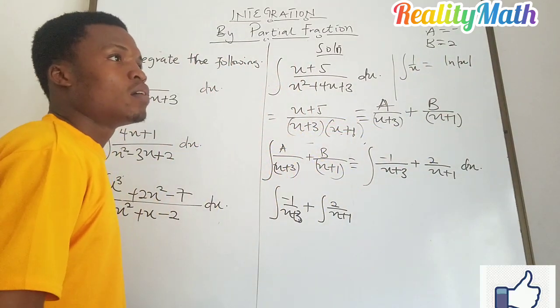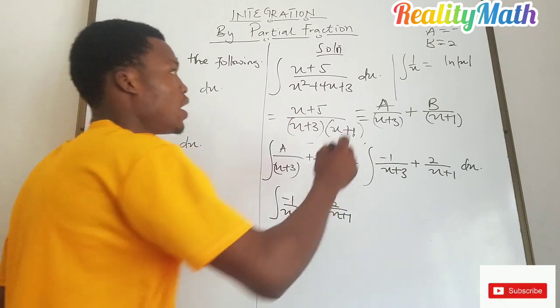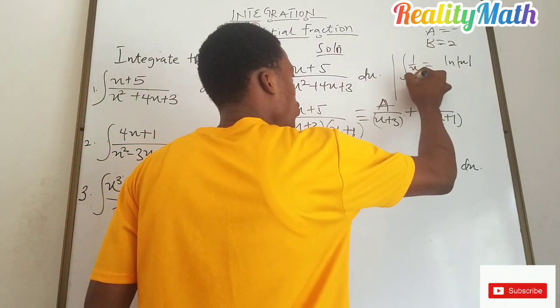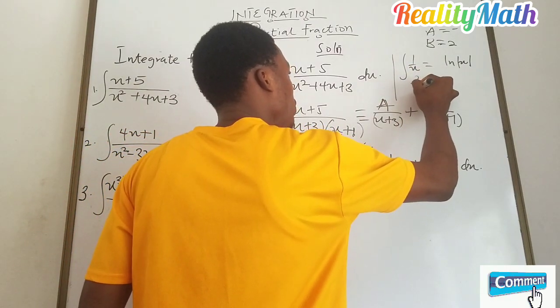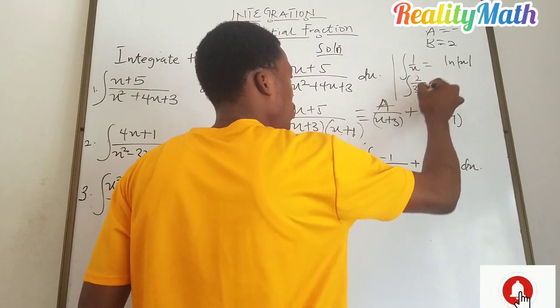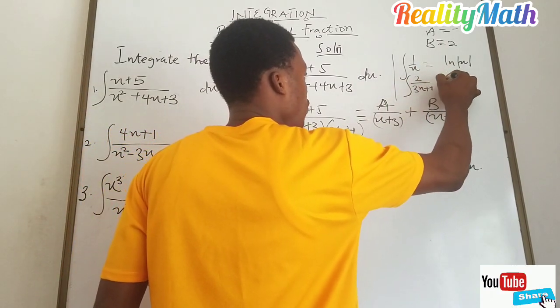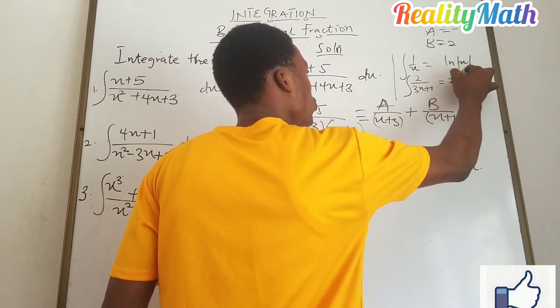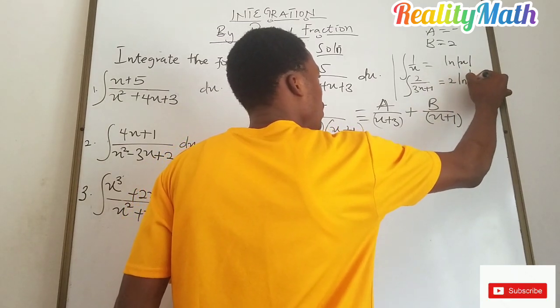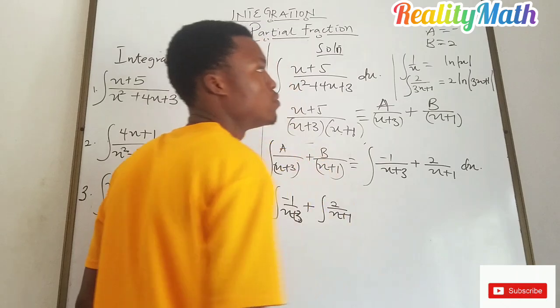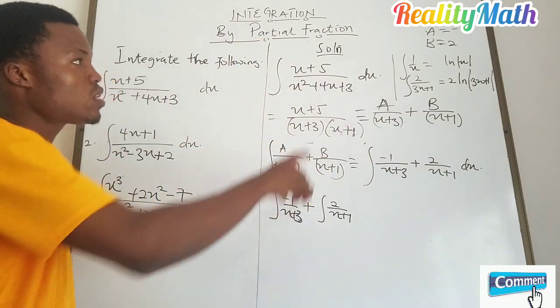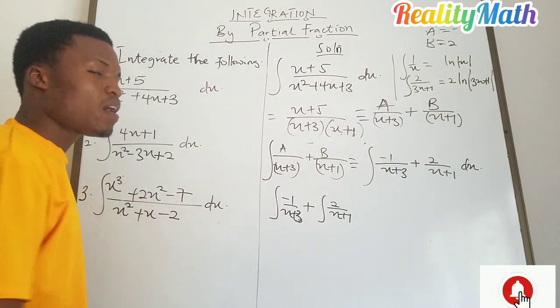When you are asked to integrate a function like maybe 2 over 3x plus 1, this will give you 2 ln of 3x plus 1. So we are going to use that property to solve this.